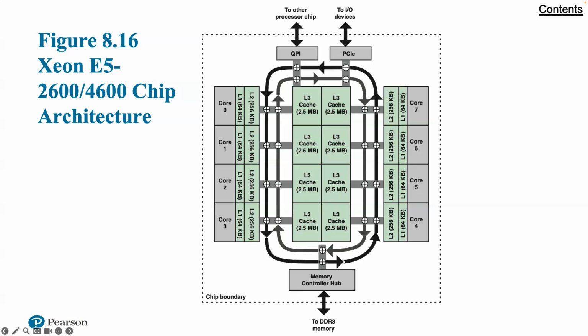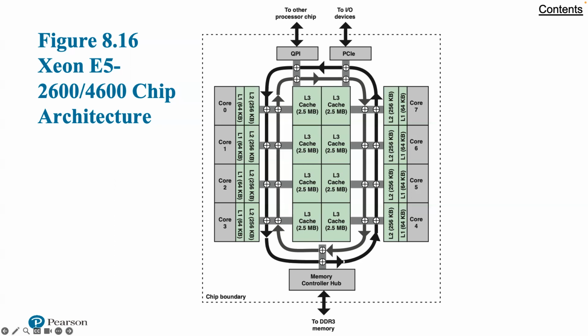Three, when an agent has data to send, it chooses the ring direction that results in the shortest path to the destination and transmits when a scheduling slot is available. The ring architecture provides good performance and scales well for multi-cores up to a point. For systems with a greater number of cores, multiple rings are used, with each ring supporting some of the cores.